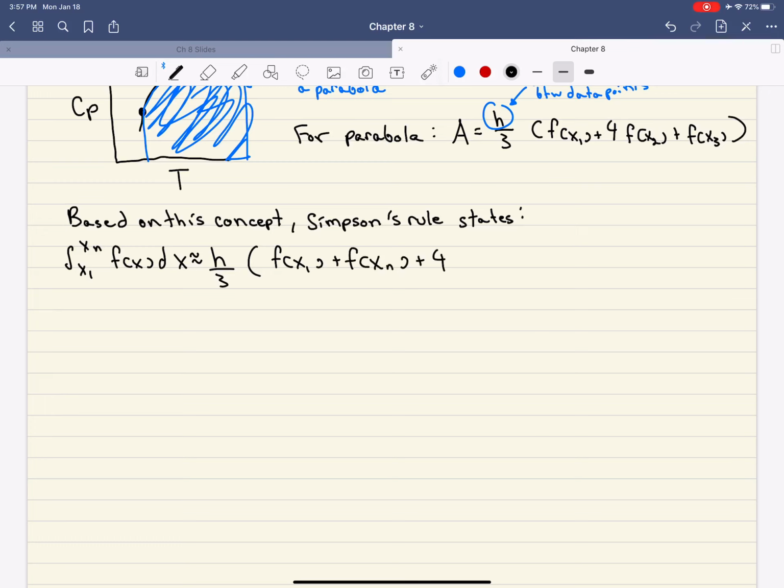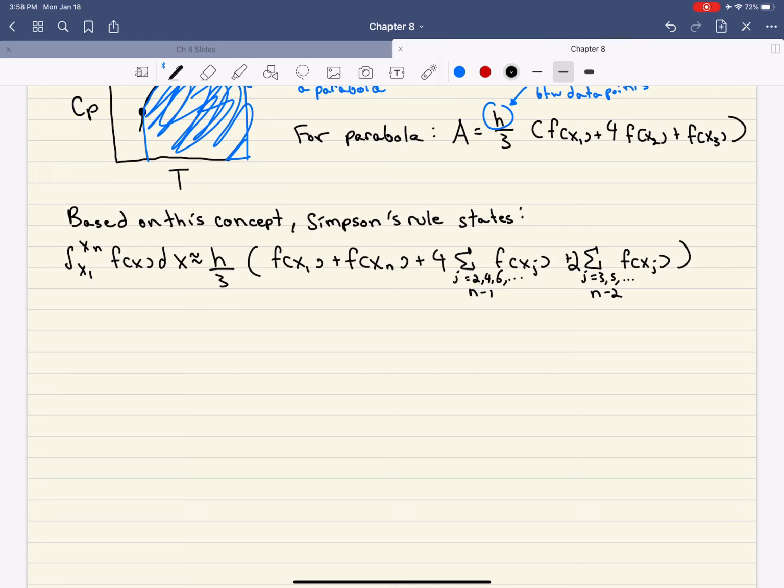Plus 4, the summation of j equals 2, 4, 6, dot dot dot, n minus 1, f of xj, plus 2 times the summation of j equal to 3, 5, dot dot dot, n minus 2, f of xj, and then close parentheses.